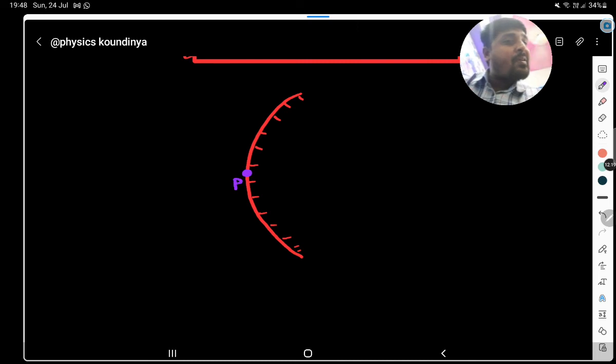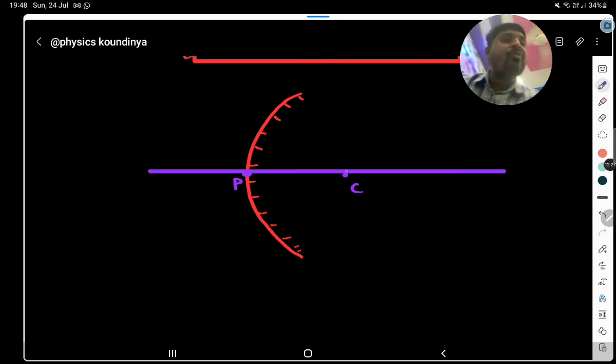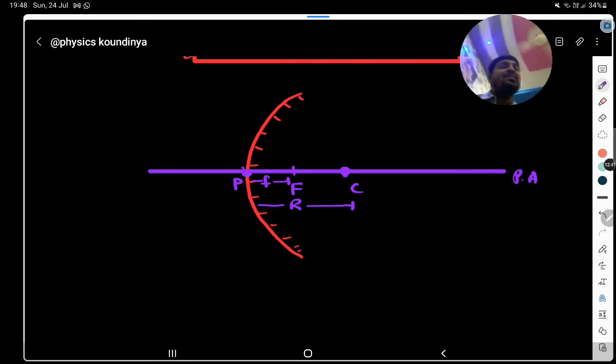This is P and this is what we called as C, and the imaginary line which is going to join P and C is what we called as principal axis. Now, this is called as F. This distance is what we called as R, and this distance is what we called as F.